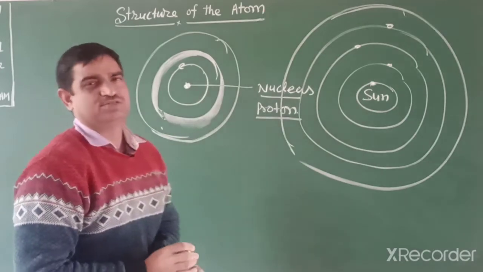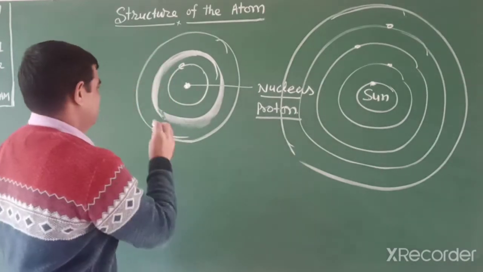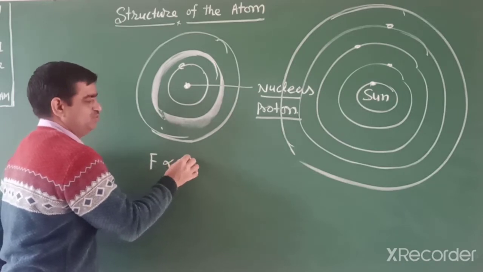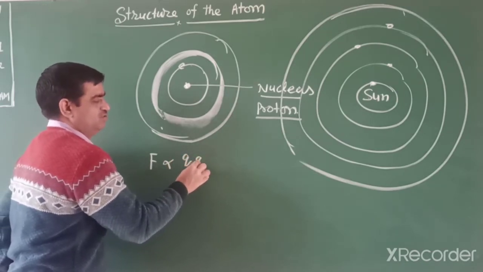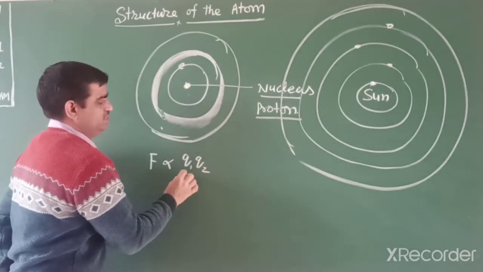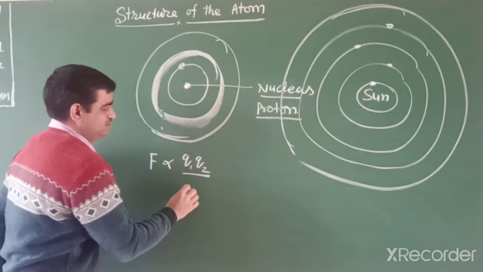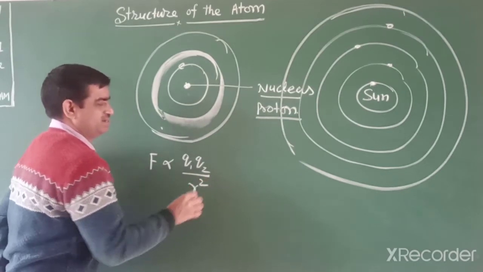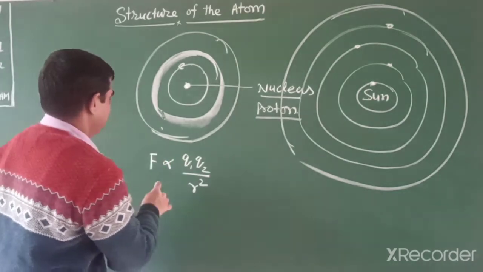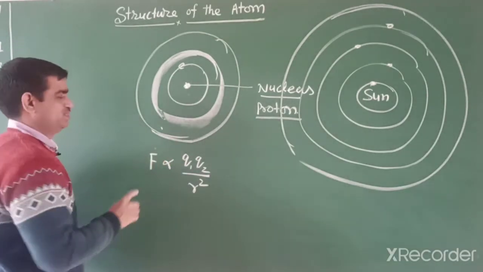That force is known as the Coulombic force of attraction, and it is directly proportional to the charges on the proton and electron, and inversely proportional to the square of their distance. We already studied these terms in physics.